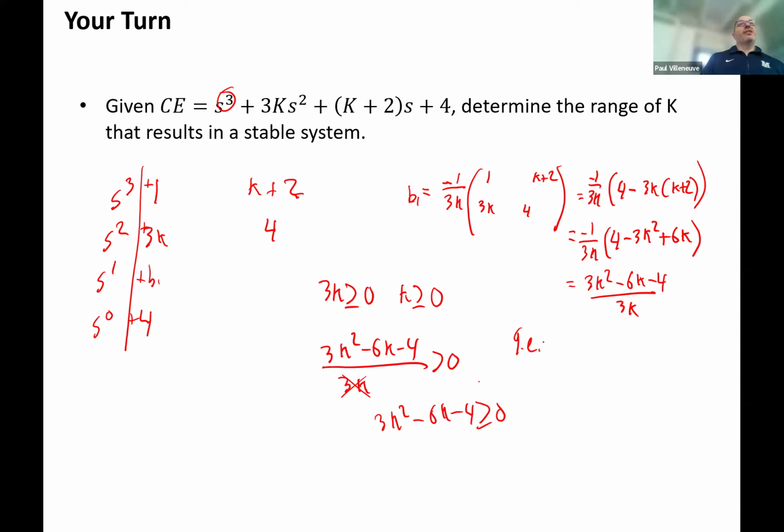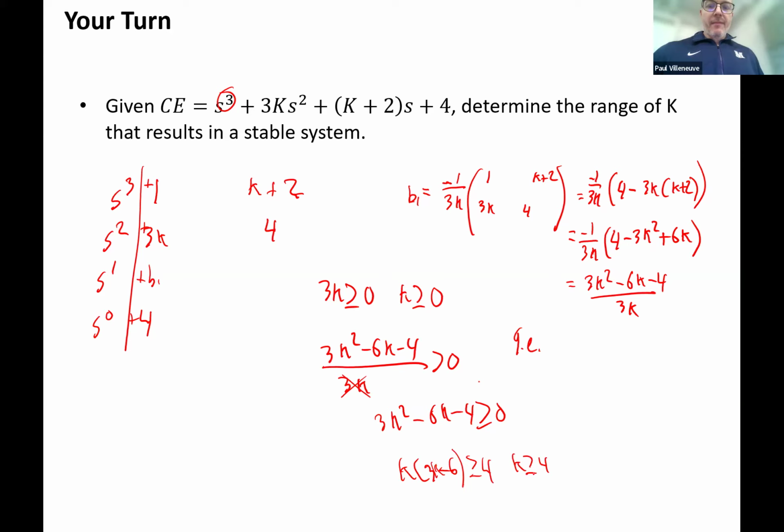Well, let's check it. Let's see if we get the same result. So your approach is if you factor out K, 3K, greater than 4. So that would imply that K has to be greater than or equal to 4.